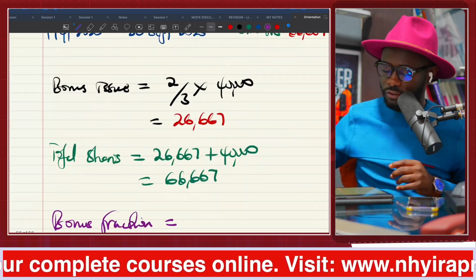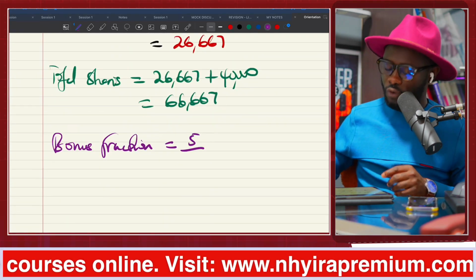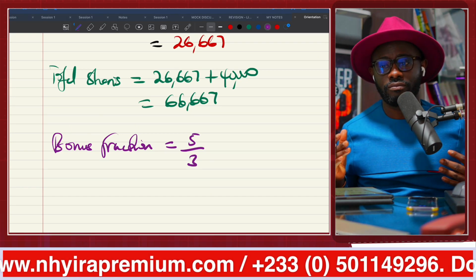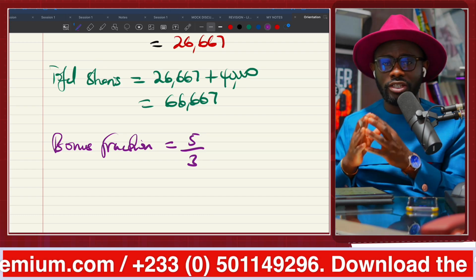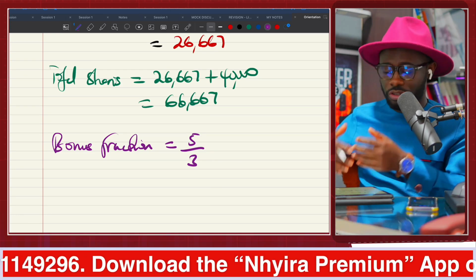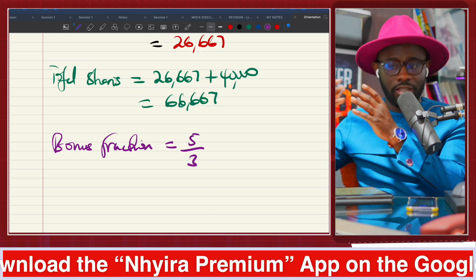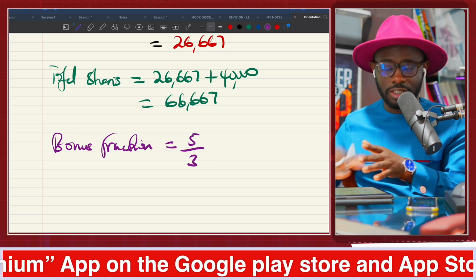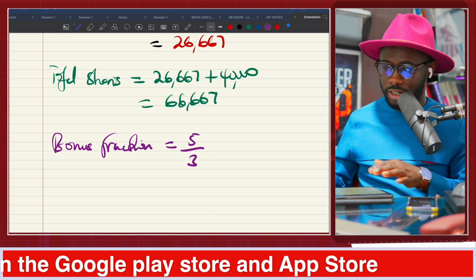So it's going to be 5 over the existing 3. That's our bonus fraction. We won't punch this out, because you would have to approximate it and work in decimals. So we leave the answer like this, because we're going to work with it later on.